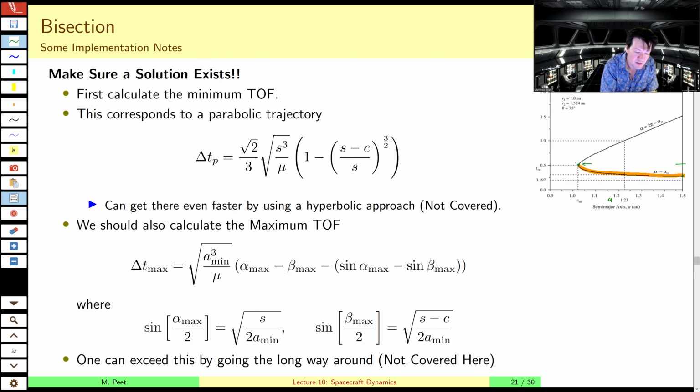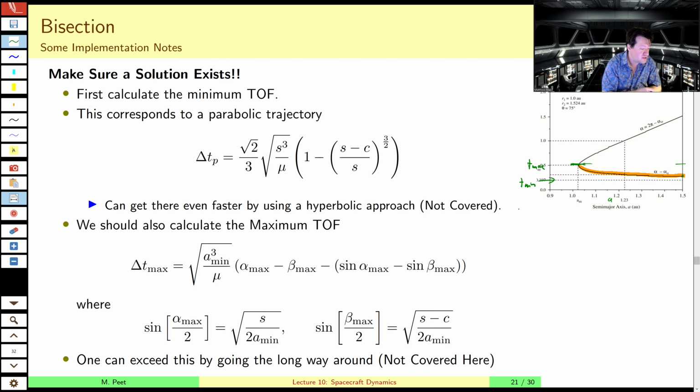Right. So specifically, we have a T max here to make sure we're on the right arc, and we have a T min here corresponding to a parabolic orbit, meaning a T min means you can't get a transfer between these 2 points if your time is less than the time corresponding to a parabolic transfer.